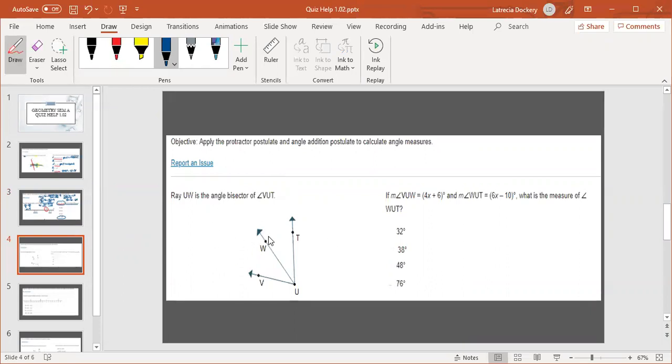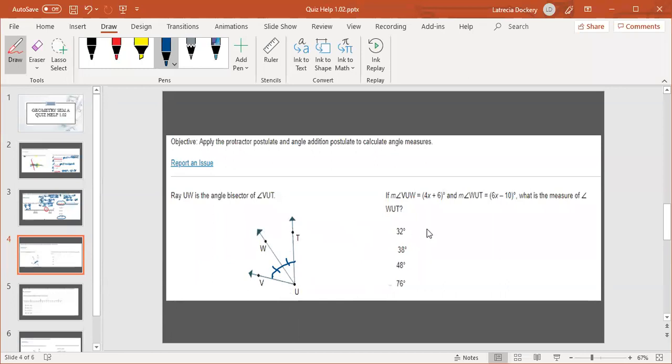Ray UW is the angle bisector of angle VUT. Let's talk about that just a minute. Angle bisector tells us that UW is halfway in between, so these two angles are congruent.